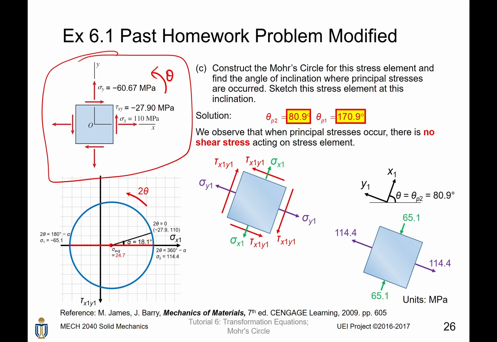For the 80.9 degree surfaces, the principal stress is given by minus 65.1, which means the stresses on those surfaces are 65.1 megapascal in compression. At the same time, for the 170.9 degree surface, the principal stress is 114.4 megapascal in tension.